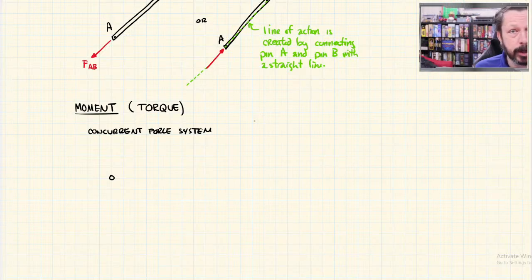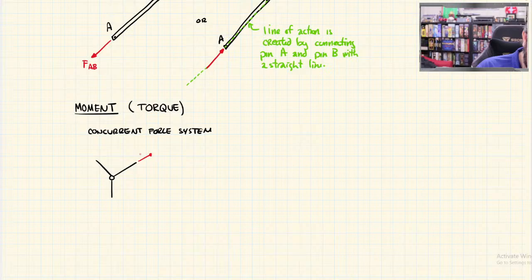Maybe it was a whole object, or a ring, or a pin, or who knows what, but it had stuff connected to it, and there were forces in those things, and the line of action for everything intersected at one point.